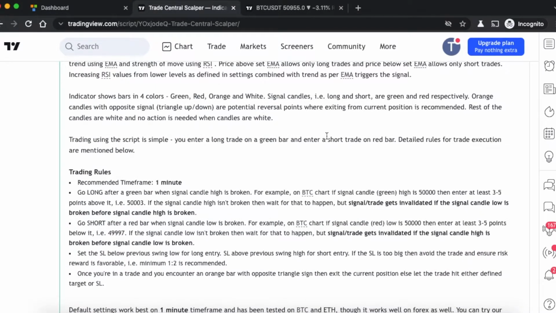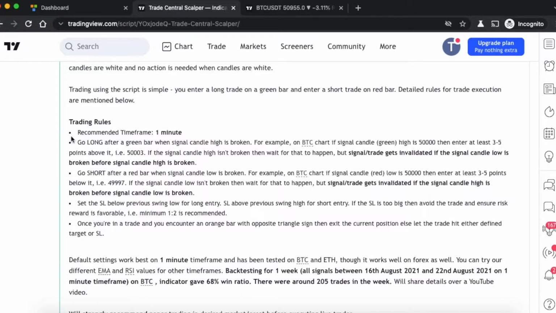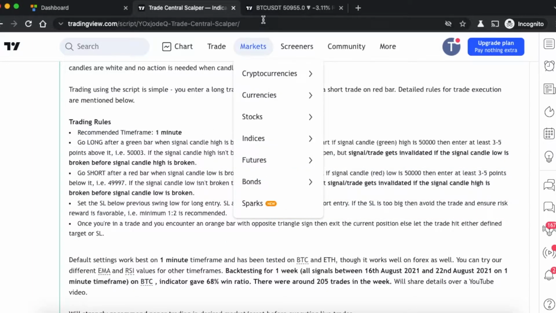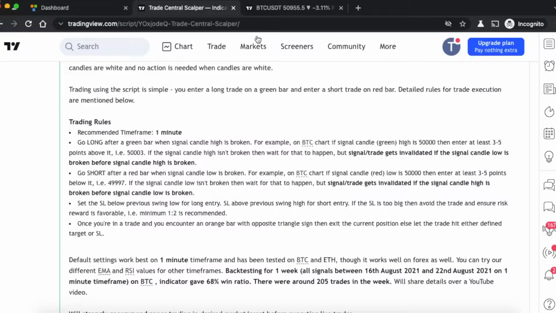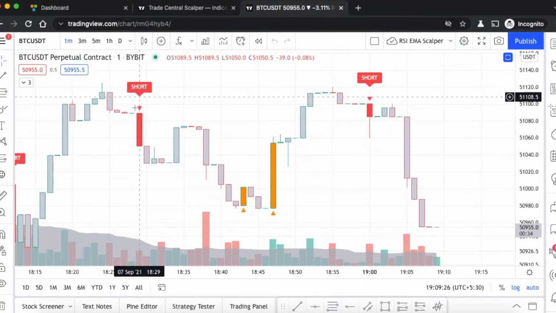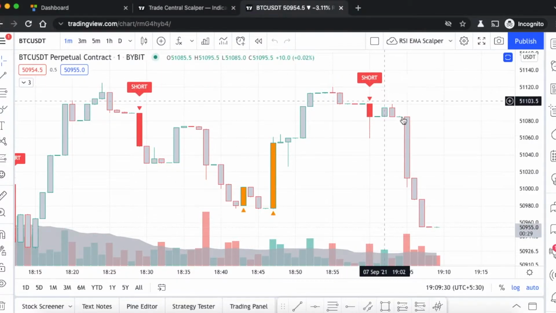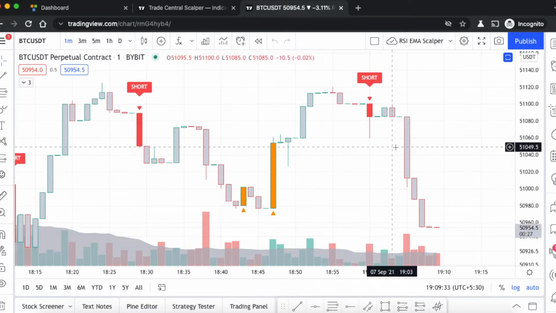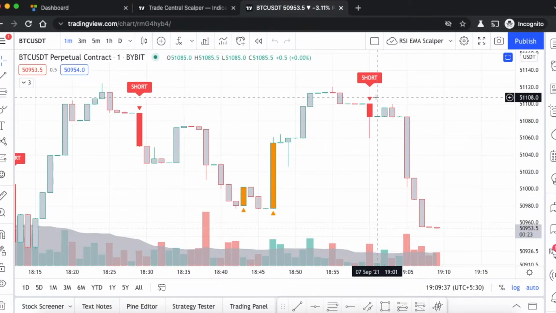This strategy is available on TradingView, as I said. The trading rules are: you have to execute the strategy on a 1 minute time frame, and we go long once we see a green bar and a signal saying long, and we go short when we see a short signal here. You go when you get a signal, either long or short.